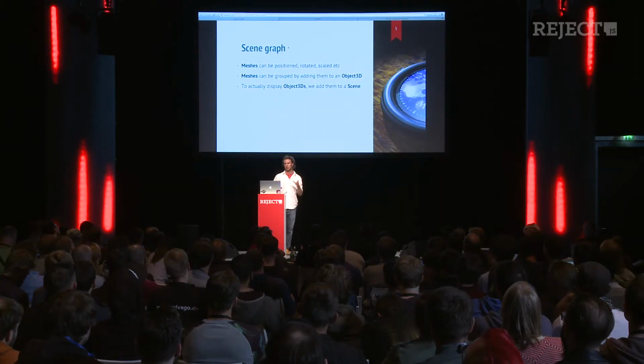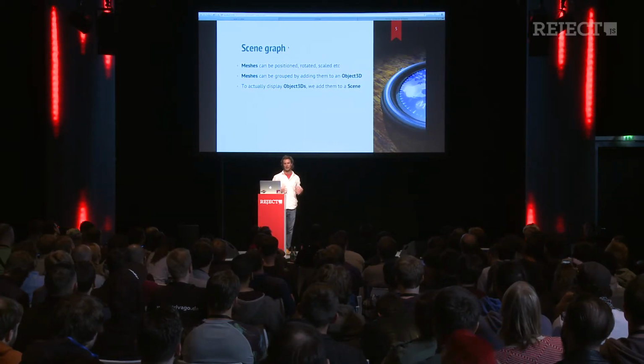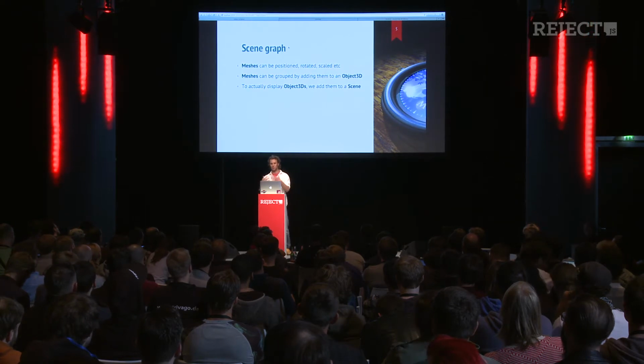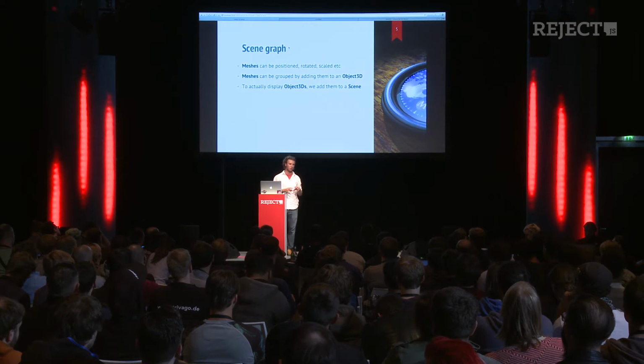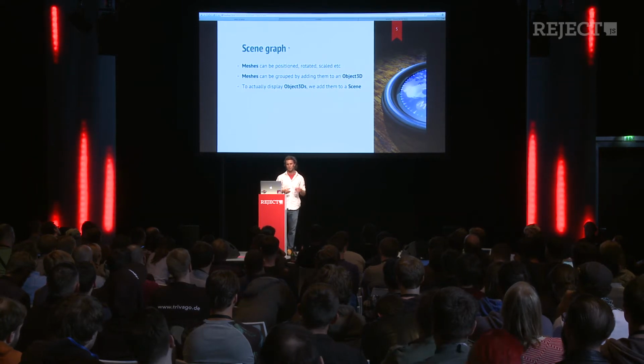These meshes can then be positioned, rotated, scaled, skewed, all these kinds of things within 3D space. But you can also combine them into composite objects. The way that you do this is that you take one Object3D and add the other Object3Ds or meshes as children, much in the same way that you would if you were building a tree in the DOM.